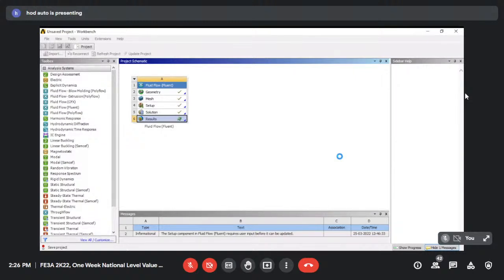This is the Workbench which the other day Karthik Darshekar sir was telling you all. I was asking it to mesh the new one.